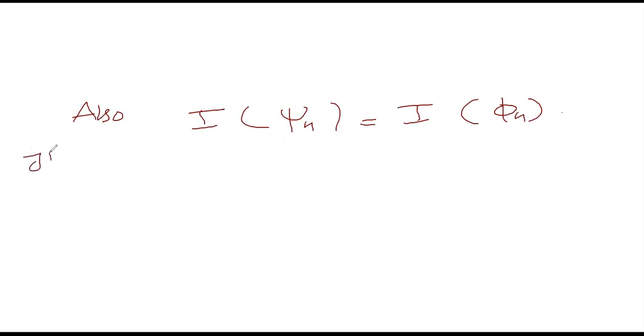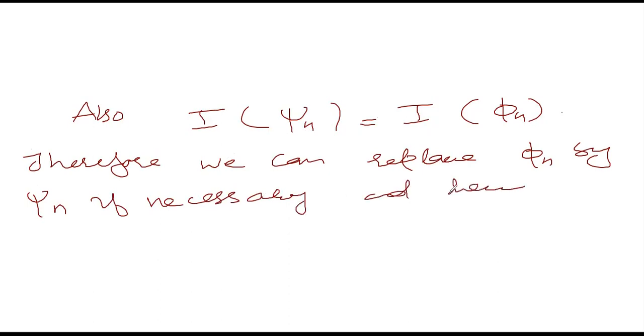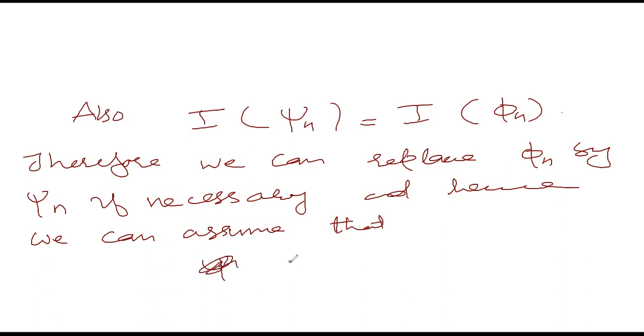So therefore we can replace phi n by psi n if necessary, and hence we can assume that our given step function, this phi n, the given sequence, will decrease to 0 for all x in X. So we can replace this phi n by psi n if necessary.